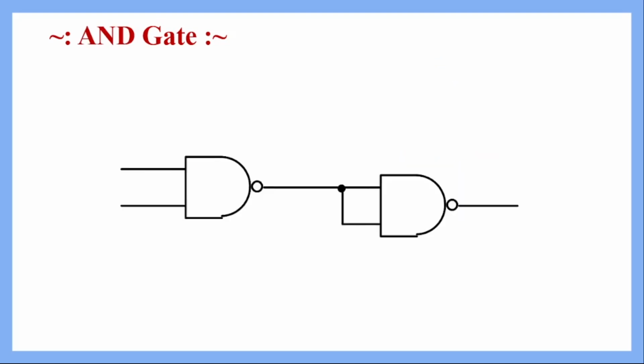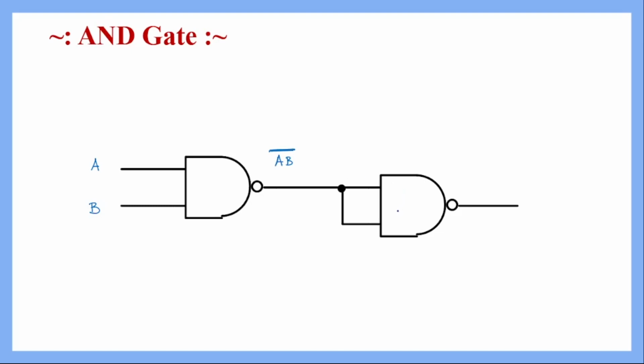Next, we will implement AND gate by using NAND gate. Now this is the circuit, and we will see how it is possible. As we can see, we have two input NAND gates. In the first two input NAND gate, if we apply A and B as inputs, then as per the operation of NAND gate, the output of this first stage NAND gate will be AB bar, or AB complement.